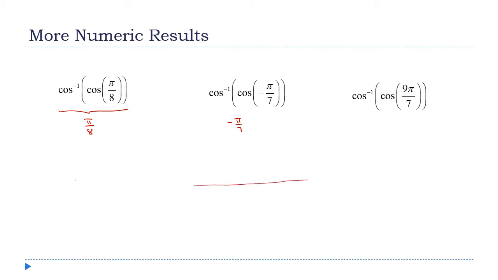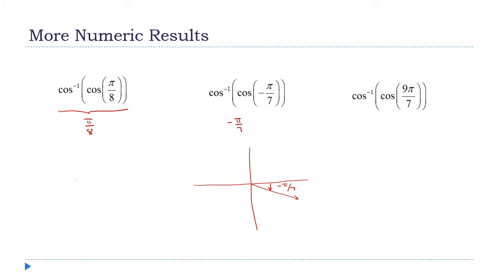Well, just like with the sine, think about reference angles. I got this reference angle down here. This is negative pi over 7, but I need to get this to where it's in the first or second quadrant.